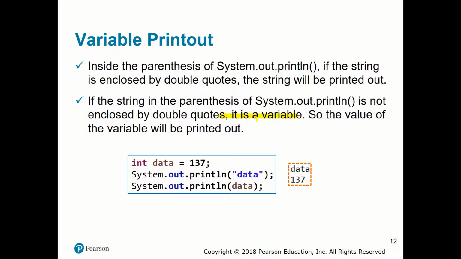For example, variable data has 137, and I try to print out the string "data" and just data. If there are double quotes, the computer thinks this is a string, so it just prints out this string, and data is printed out. If there are no double quotes, the computer thinks this is a variable, so it prints out the value of this variable.